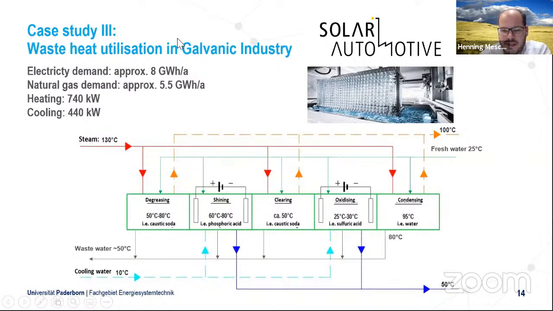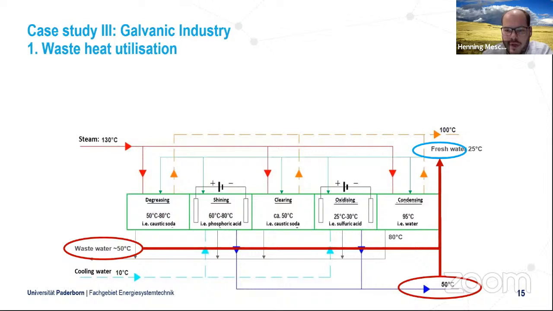And the idea now is that we can reuse the waste heat. So you see that we can use the waste heat or the wastewater of 50 degrees and the cooling water of 50 degrees. Once it enters the system and then comes back, it has 50 degrees.